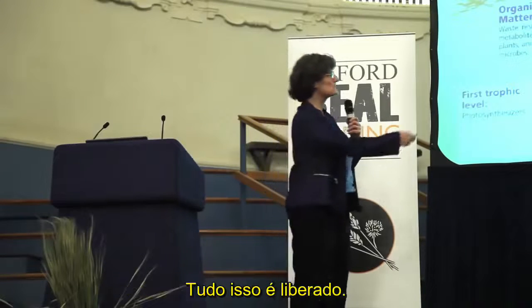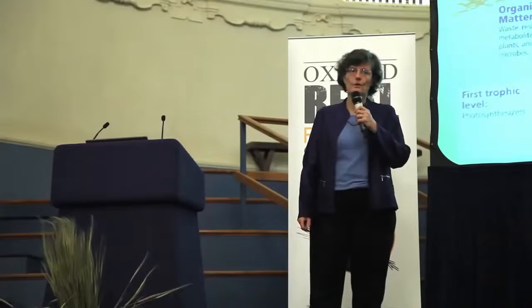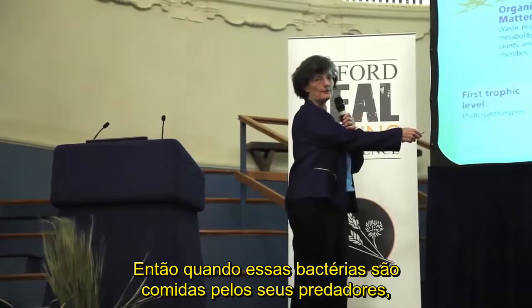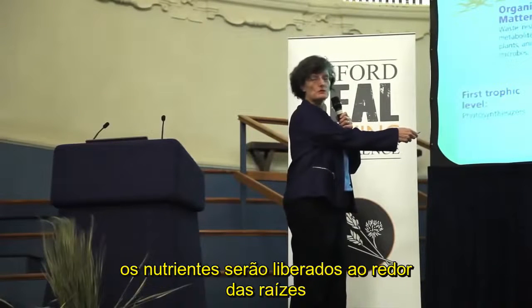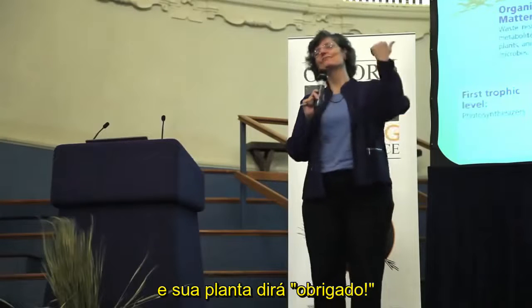Where do most of the bacteria in soil grow? Right around your root zones. So when those bacteria are eaten by their predators, most of the nutrients are going to be released right in the root zone, and your plant says, thank you.